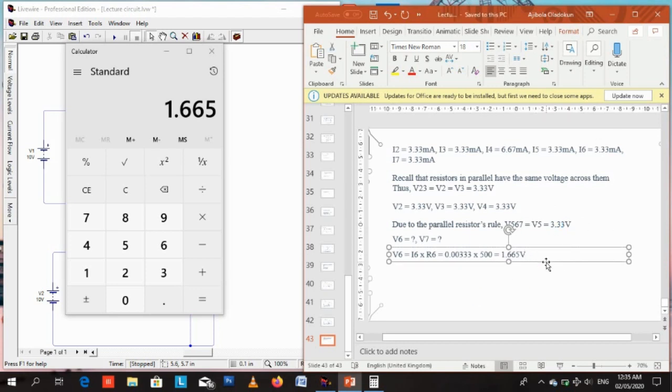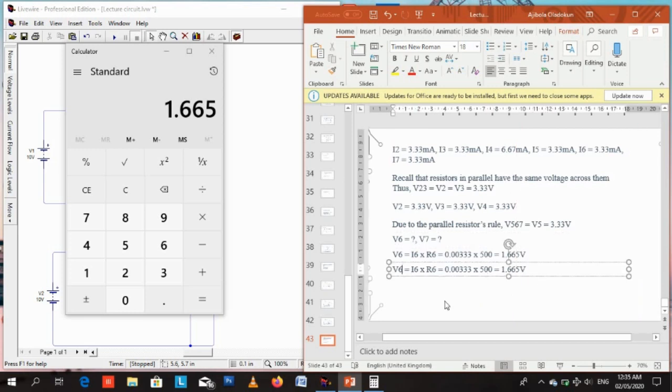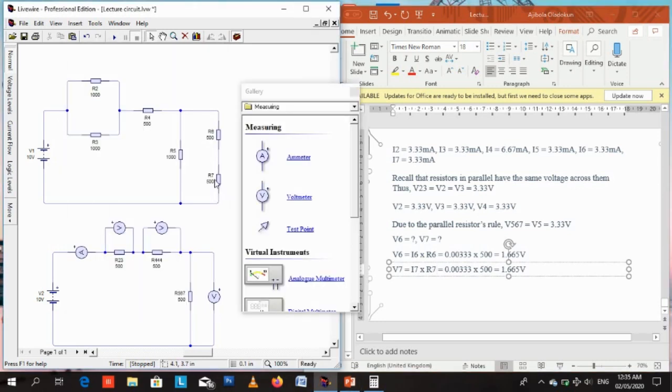So let's duplicate that and get the voltage across R7, which is V7. I7 multiplied by R7. The current is the same. I7 is still 3.33 milliamps, and the resistor is also 500 ohms.